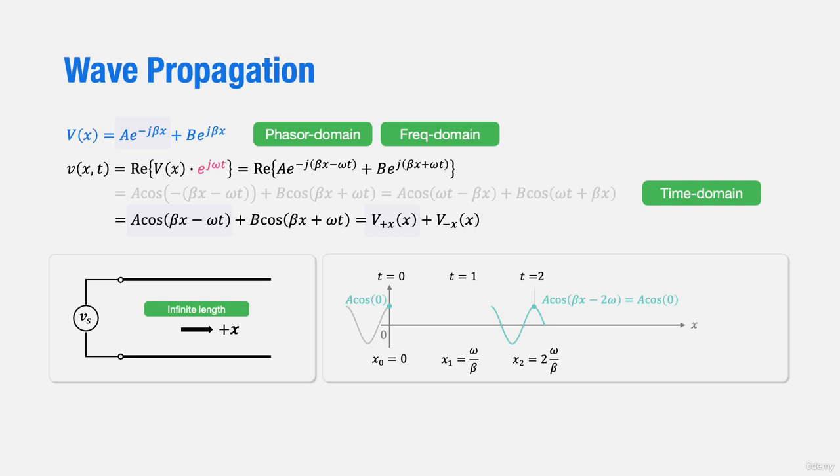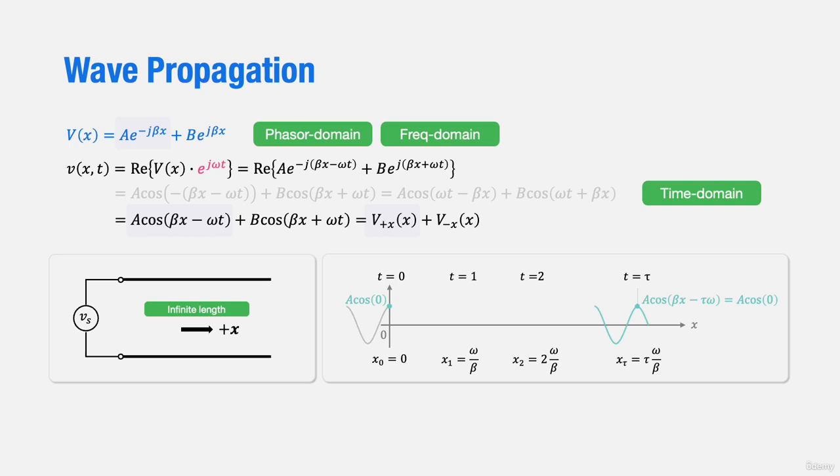More generally, when t equals tau, the value of the wave is a times cosine beta x minus omega tau. The point a cosine 0 will move to position x tau, which is equal to tau times omega over beta, since beta x minus tau times omega must equal 0.